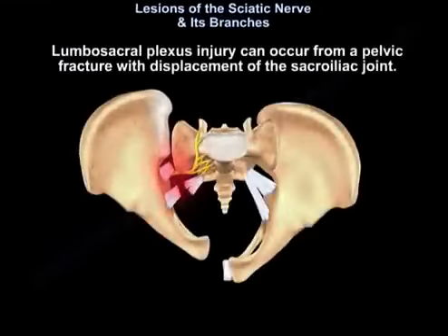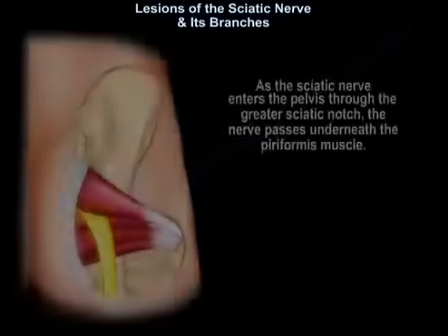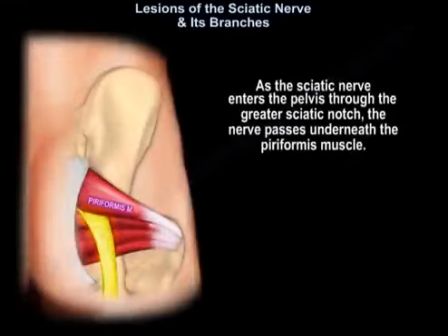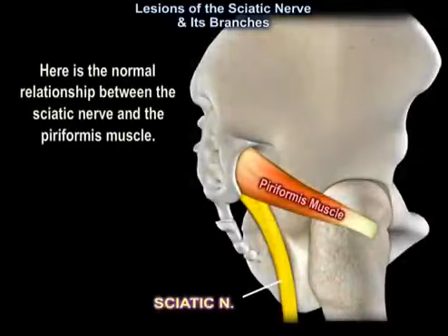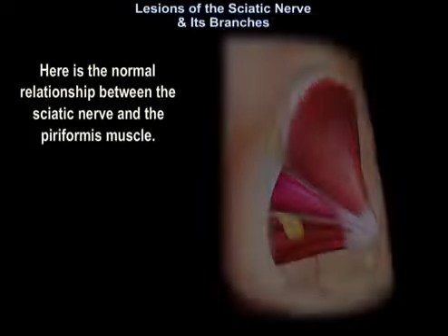Lumbosacral plexus injury can occur from a pelvic fracture with displacement of the sacroiliac joint. As the nerve enters the pelvis through the greater sciatic notch, the nerve passes underneath the piriformis muscle. That is the normal relationship between the sciatic nerve and the piriformis.